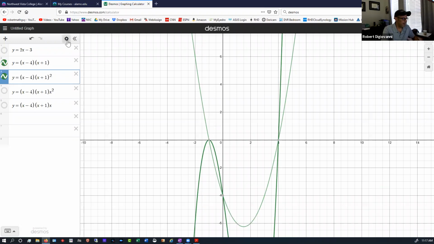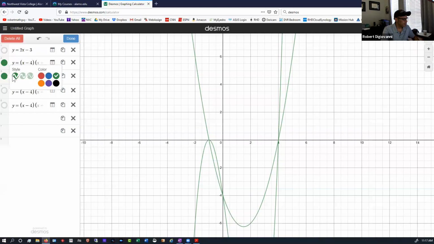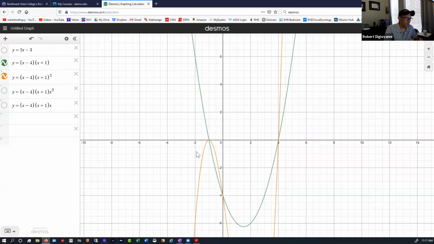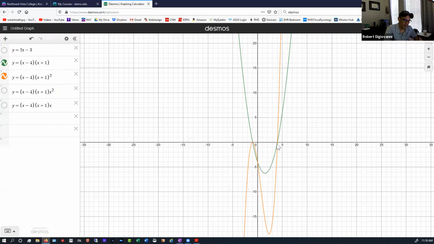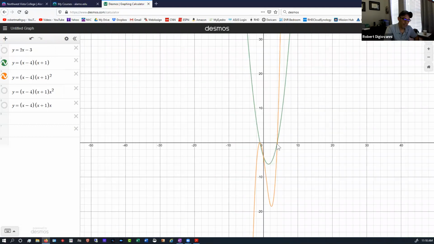So if I do that, it's going to run out of colors here, orange. Do you see that the green and the orange still have the same x-intercepts? They have -1 and 4. But the orange one is very different in its shape too.